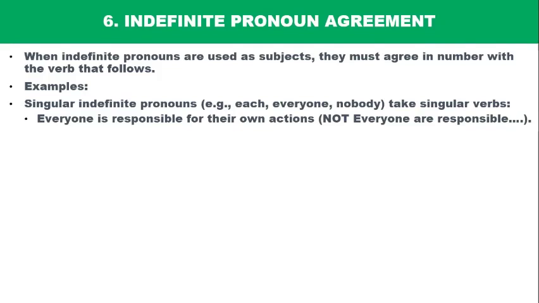So because you cannot say his and you cannot say her, then you can either use everyone is responsible for his or her own actions, or you can say everyone is responsible for their own actions.